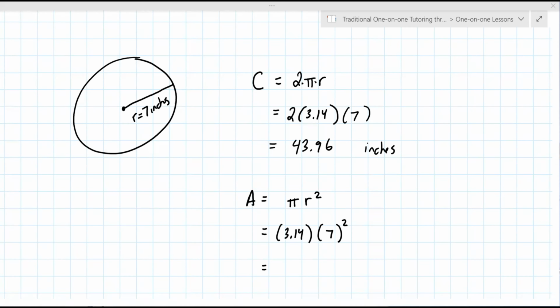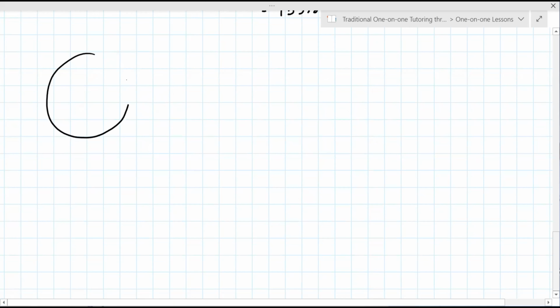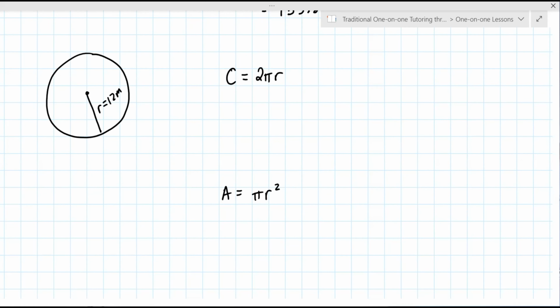All right, so let's look at another problem here. Very similar. This time the radius is 12 meters. I want you to find the circumference and then the area. So take a few minutes and see if you can figure that out.